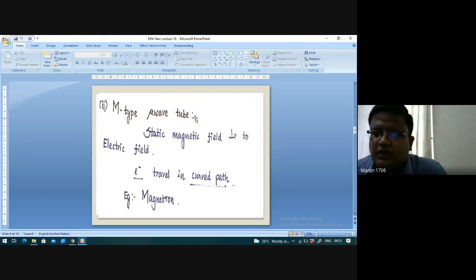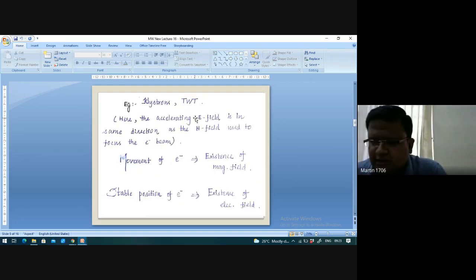Another thing I have to point out and remember, in the last class itself I told the movement of electron and the stable position of electron. In movement of electron, a magnetic field exists, and in stable position of electron, an electric field exists. Keep it in your mind whenever we are using any active device.